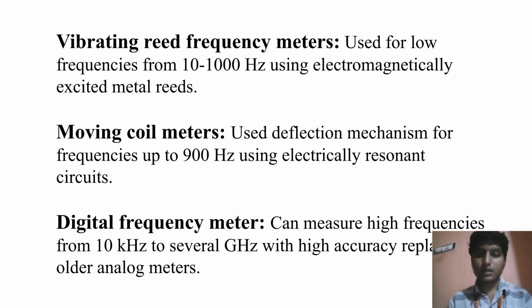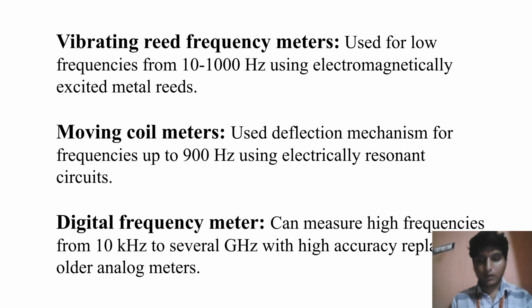Moving coil meters go up to 900 hertz. And the digital frequency meter can read high frequencies, from 10 kilohertz to several gigahertz, with high accuracy, replacing older analog meters. And these are the various frequency ranges of the different frequency meters.